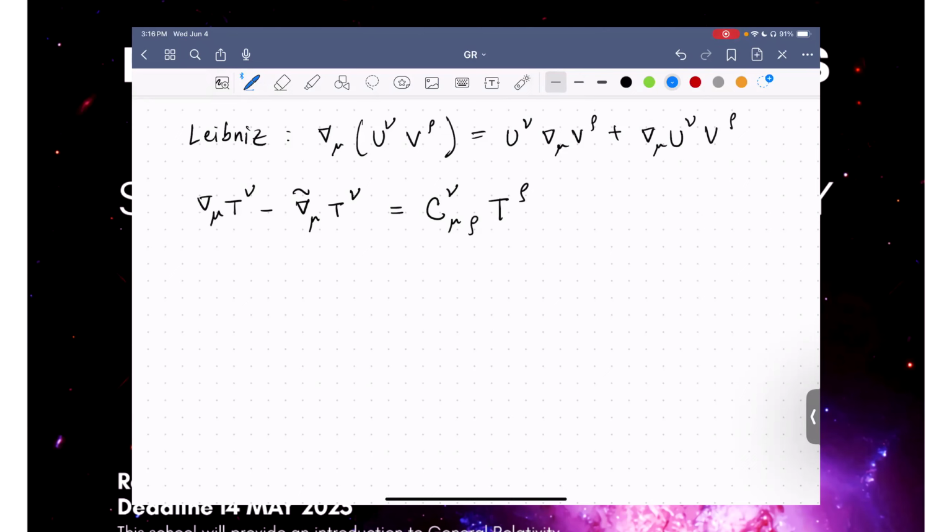For example, Carroll section 2.1 for the equivalence principles, and then sections 3.1 to 3.4 for the derivatives and geodesics.